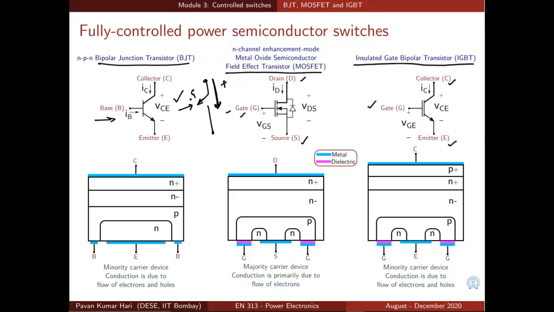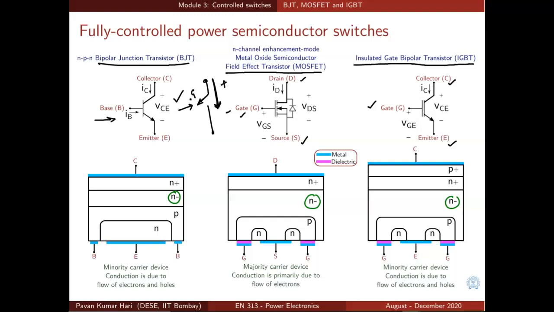Let us quickly compare the structures of these 3 devices. One common thing that is present in all the 3 devices is the N- region, that is known as the drift region. As already mentioned in the discussion on diodes, this N- region is known as drift region and it is present in almost all power semiconductor devices, and the width of the drift region decides the voltage blocking capability of the switch.